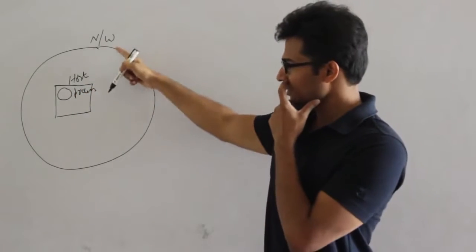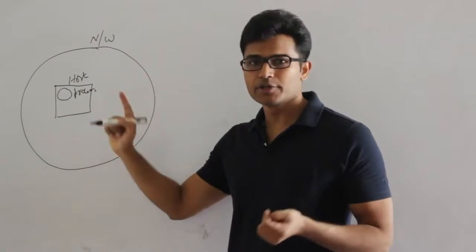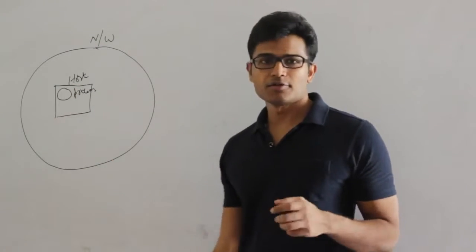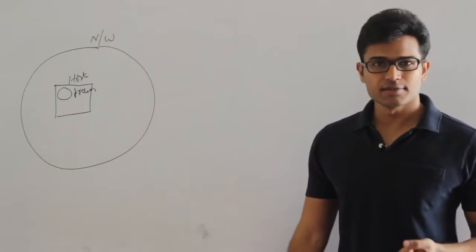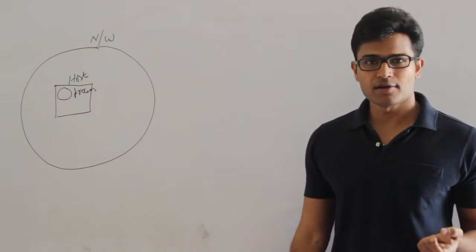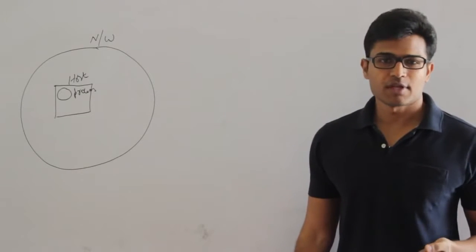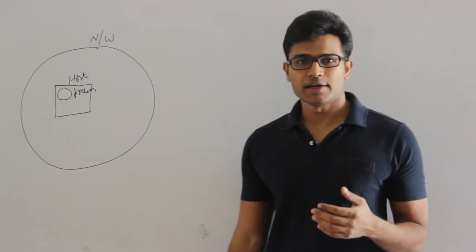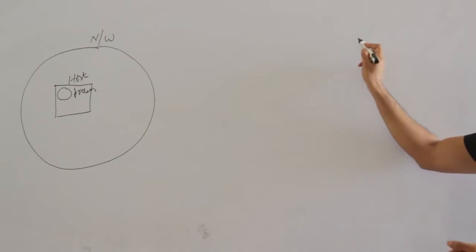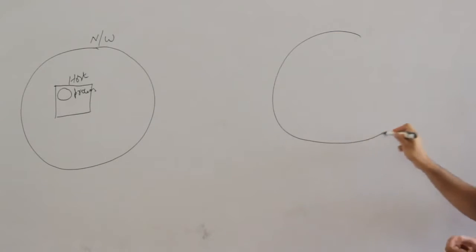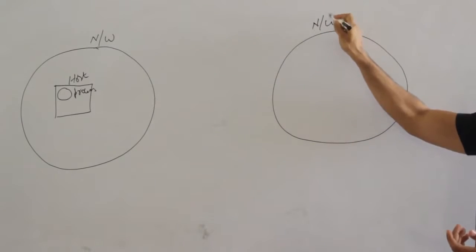So what is it? Network, and within the network there are many hosts, and one of the hosts is your computer, and within a host there are many processes, and one process is where you have opened your web browser and typed, say, google.com. Now you want to go to Google and get a web page, and assume that Google's network is in California, somewhere in the US, and this is the network in which Google is present.